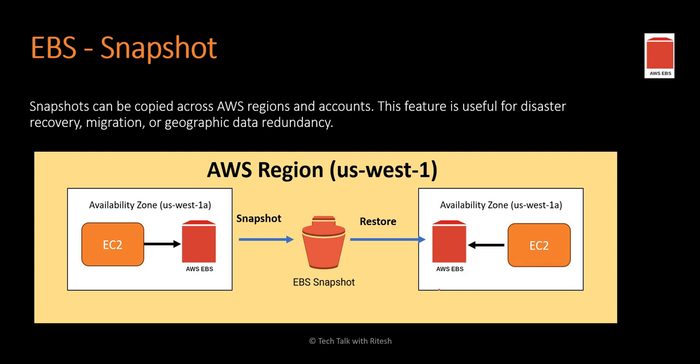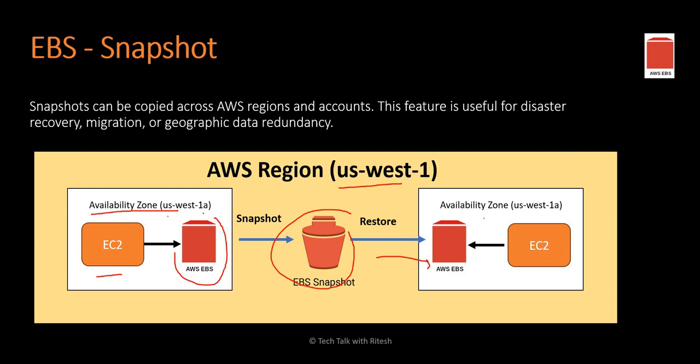Now for a pictorial representation, again we have this EBS volume, we have this EC2 instance, and this is in one availability zone, and this is my whole AWS region. We are inside the US West 1 region. What I can do is create one EBS snapshot, and restore it to another EBS volume which is in another availability zone.